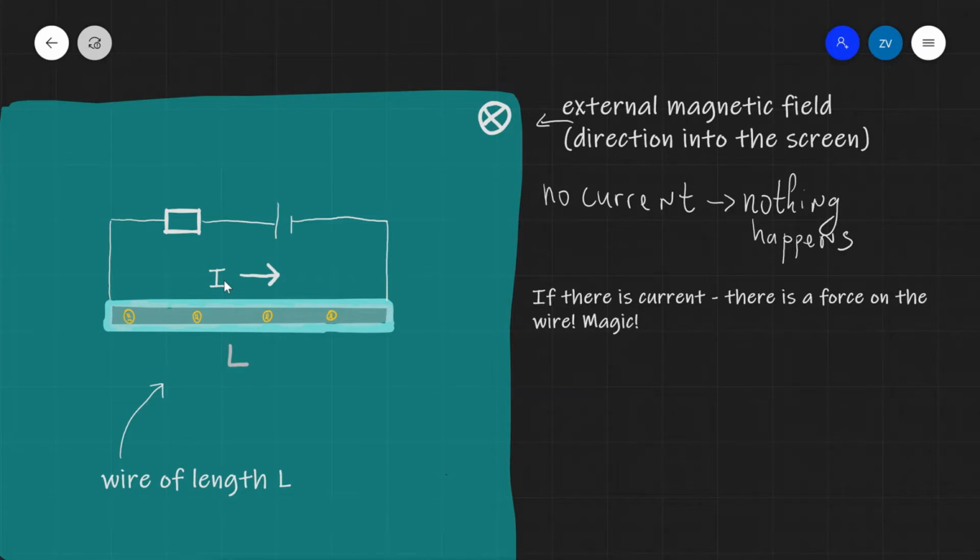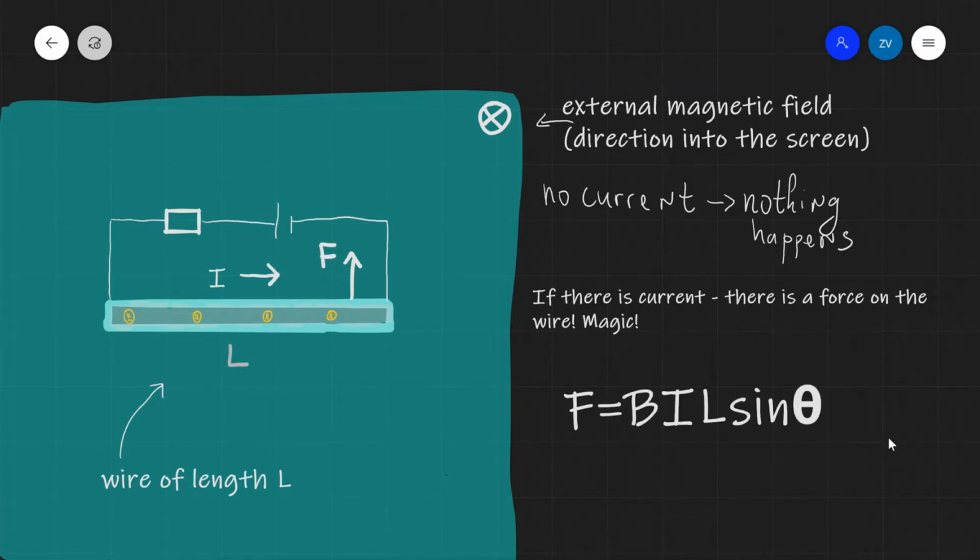There will be a force suddenly acting on this wire. In fact, the wire will experience a force upwards and is going to move upwards. Suddenly, there is a connection between the electricity and magnetism.